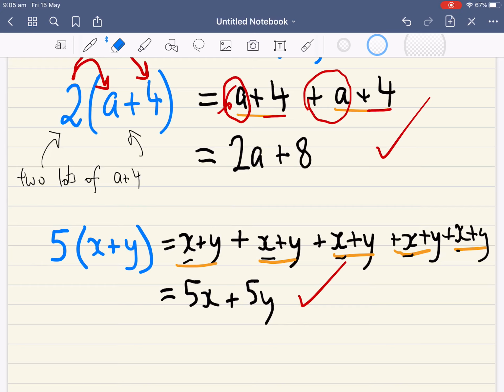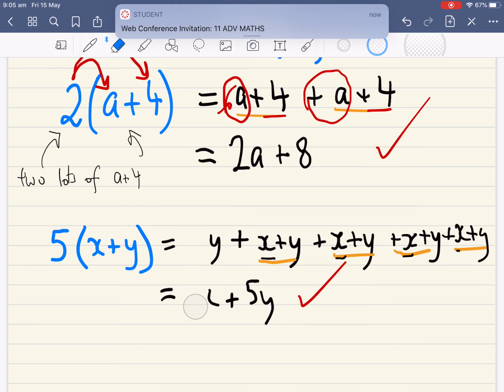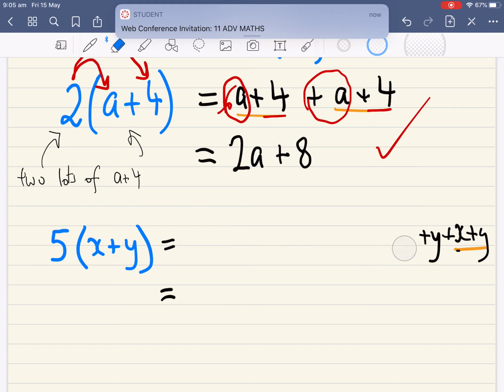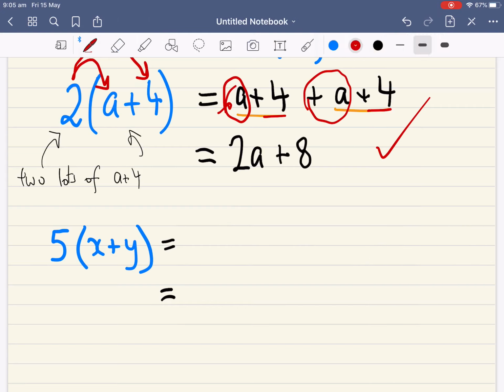And for that, I'm going to suggest we actually don't use this method and we use what is essentially a shortcut. What we do is we go back to the original question and say, okay, we want to expand and simplify this. Well, we can see we have 5 lots of x. I'm suggesting we don't write it out, we just go straight to the answer.